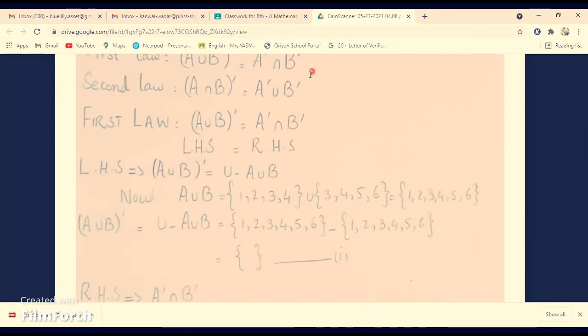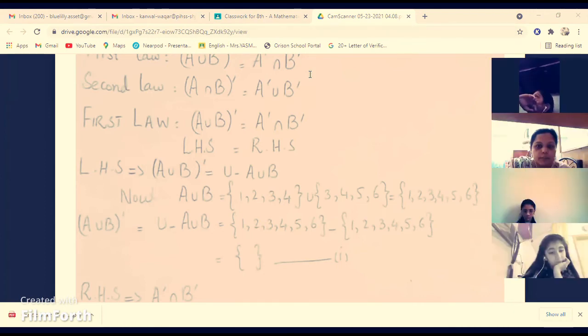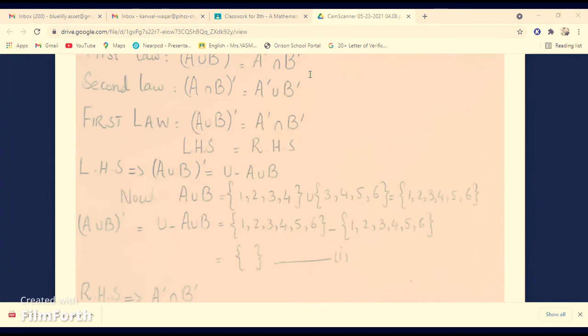Now what we do, we will first of all take the common ones. For example, 1 is common, 2 common, 3 common, 4 is there, yes, 5 is there, yes, 6 is there as well.